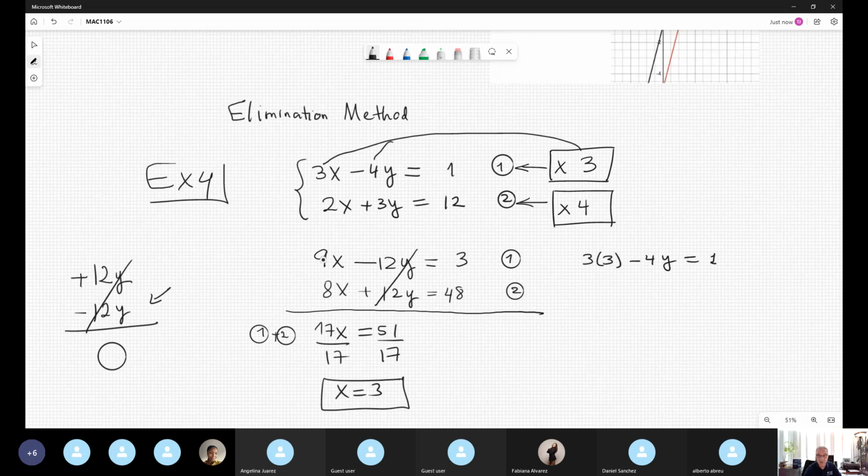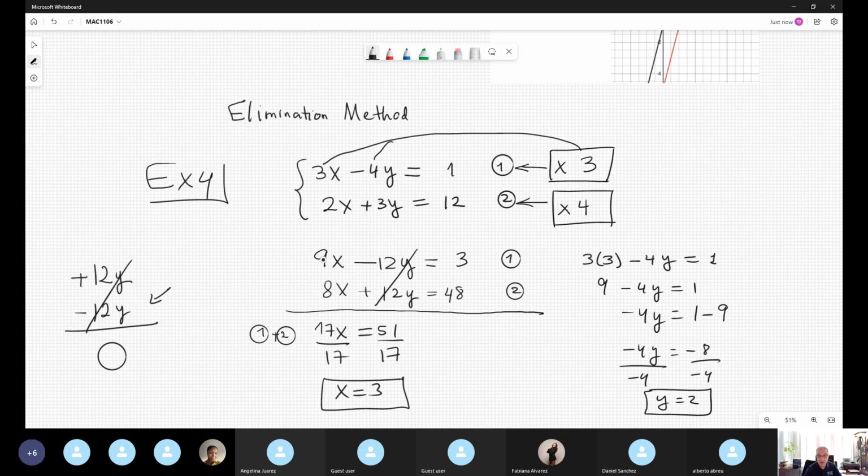And you solve for y. 3 times 3 is 9. Minus 4y is equal 1 minus 9. Minus 4y is equal minus 8, divided by negative 4 both sides. Y is positive 2. And the solution, in this case a unique solution, is equal to (3, 2).